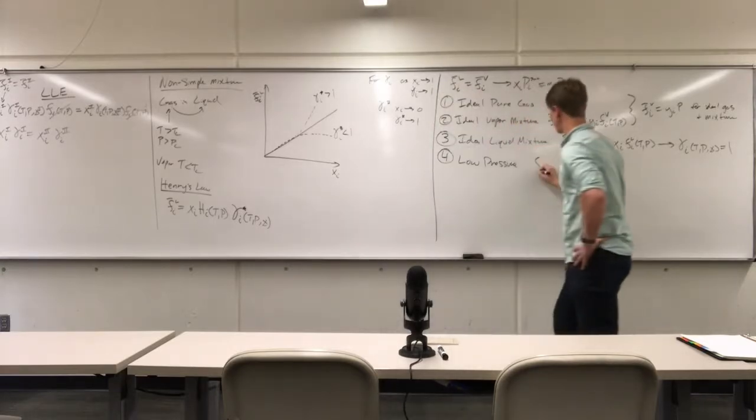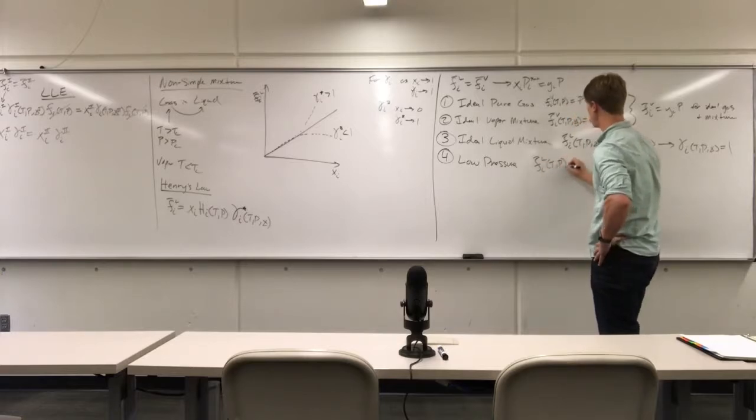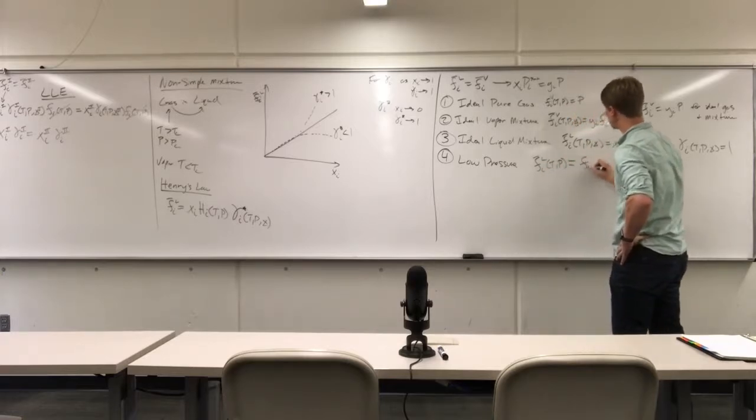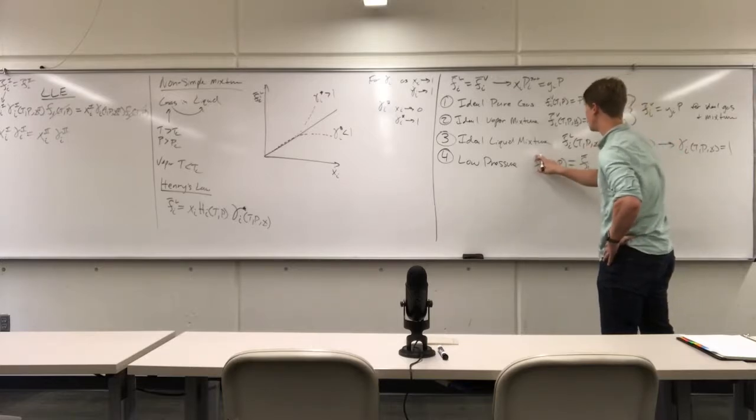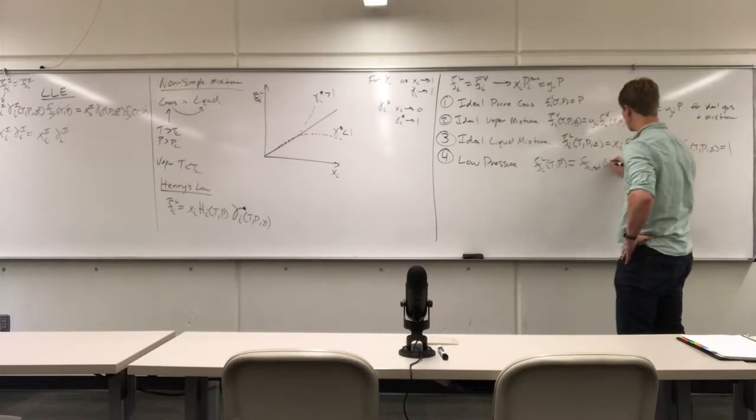In this case, that means we can write that the fugacity of species i in the liquid as a function of temperature and pressure is equal to the pure fugacity at saturation.